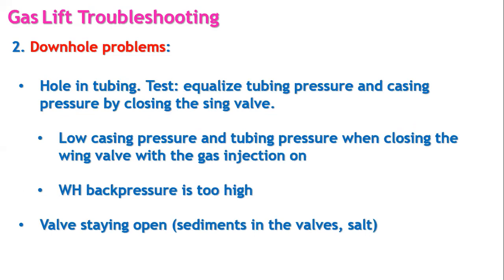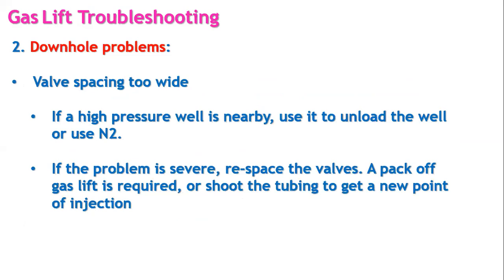In this case, we have to perform a test, equalizing the tubing pressure and the casing pressure by closing the valve, and then another issue is low casing pressure and tubing pressure. When closing the wing valve with gas injection on, the wellhead back pressure is too high, or the valve is staying open, sediments in the valve. Another issue is the valve spacing is too wide.